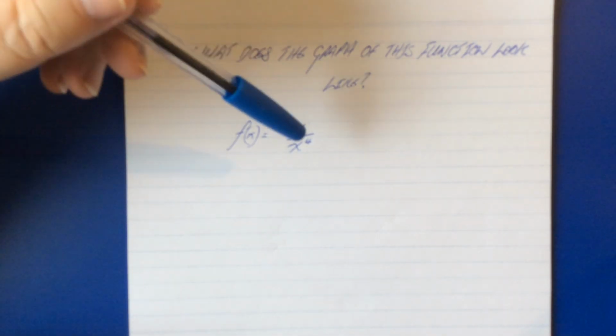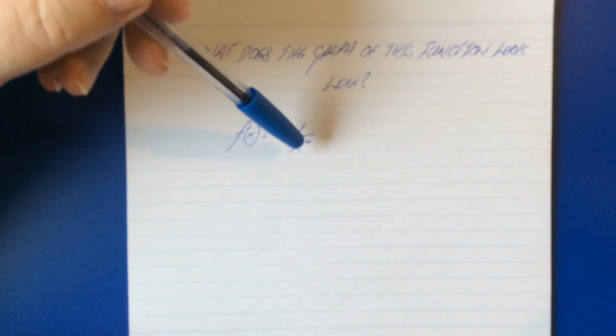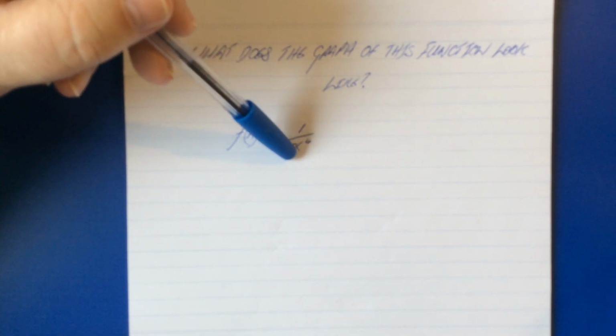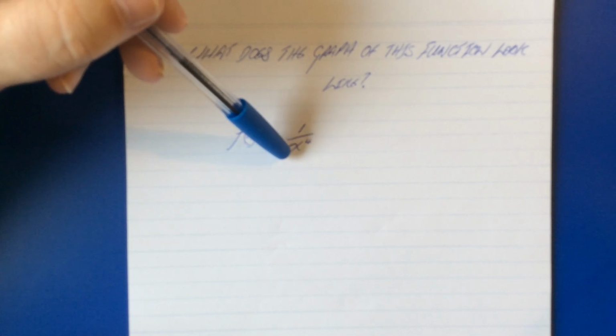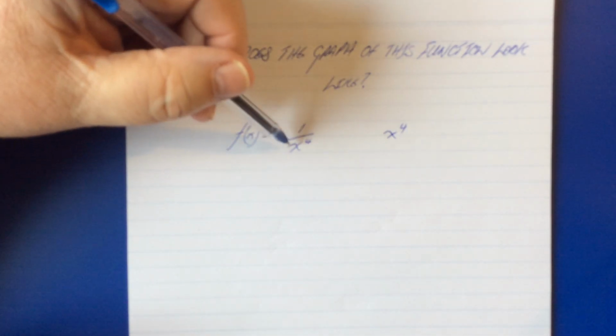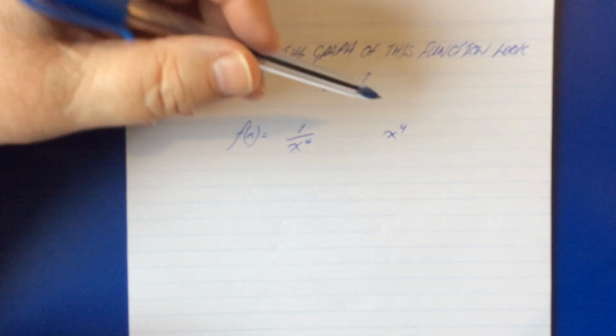Now what we're going to do in order to get an answer for this is concentrate on the value of x. What we know is that if we raise x to the power of 4, without the 1 here, and we make x equal 0, then the function of x is going to equal 0.